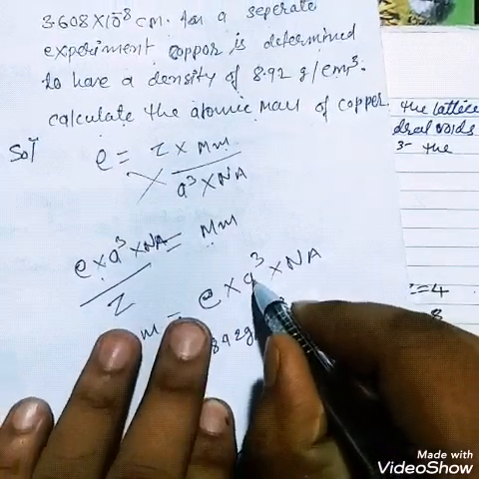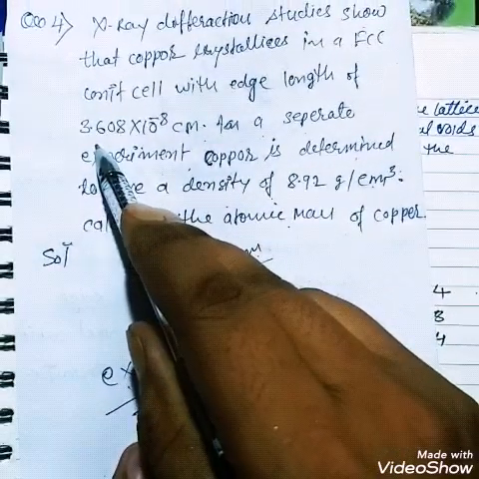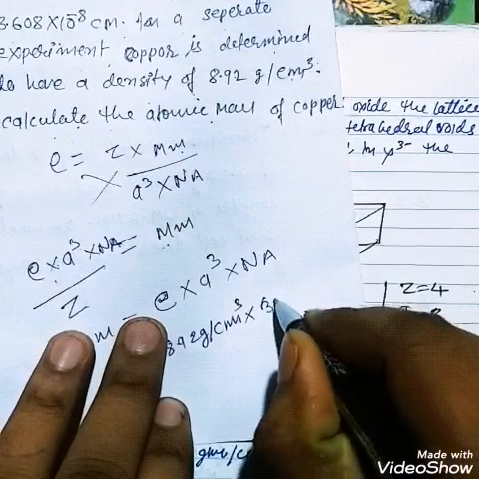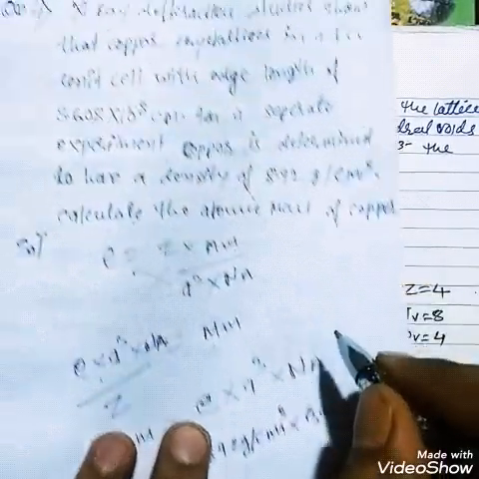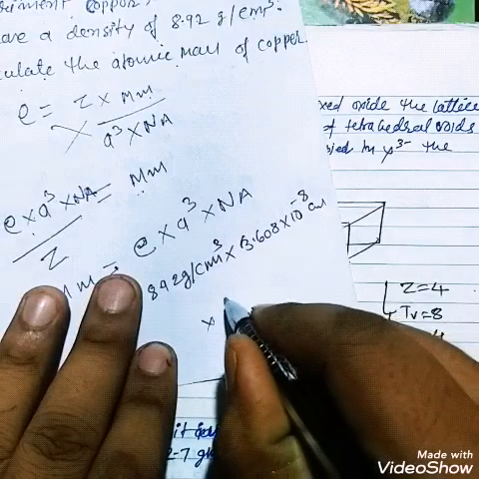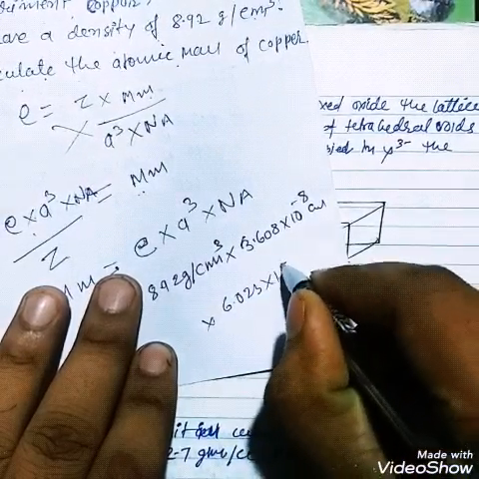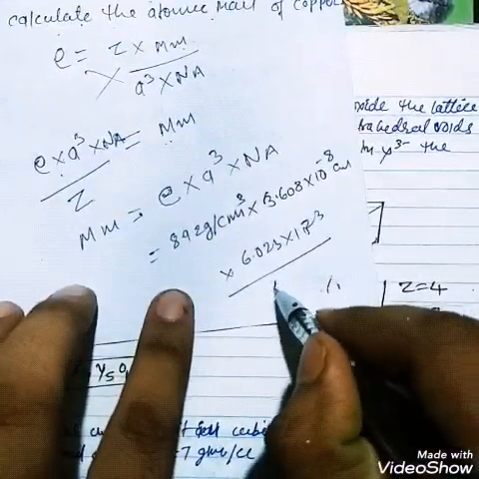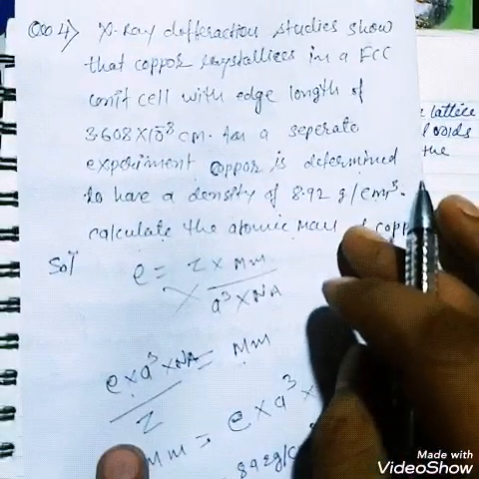Now put in the values: 8.92 gram per centimeter cube, into edge length a cube, that is 3.608 × 10^-8 centimeter cubed, into Avogadro number 6.023 × 10^23, upon how much? Upon 4, since it is FCC.